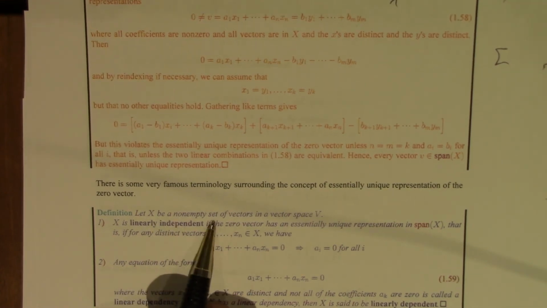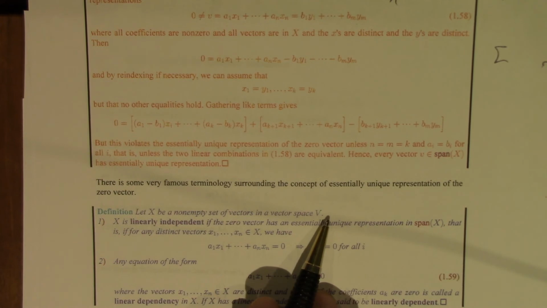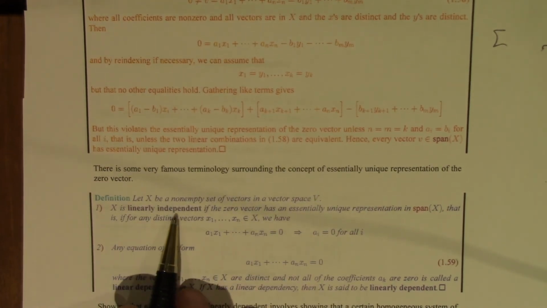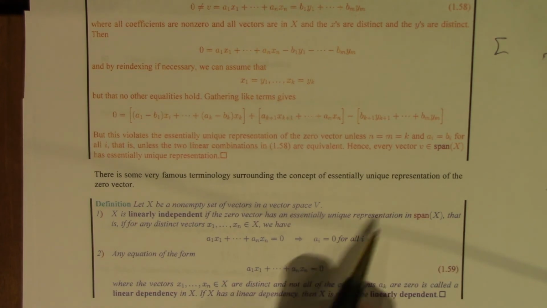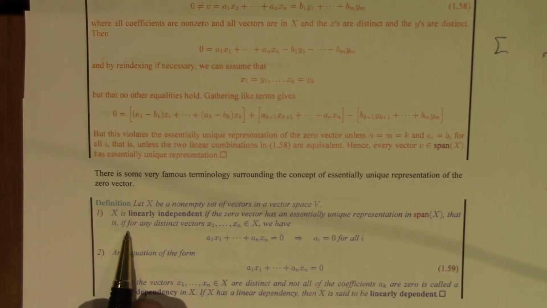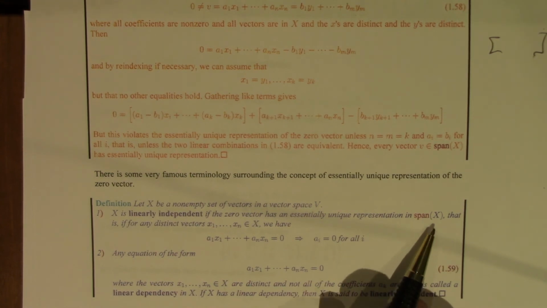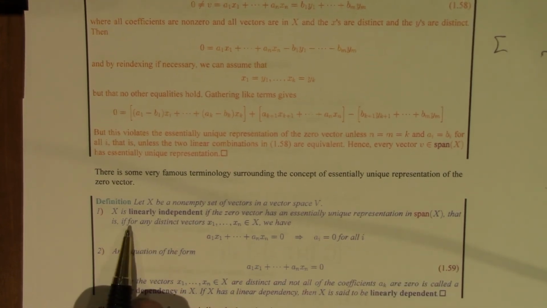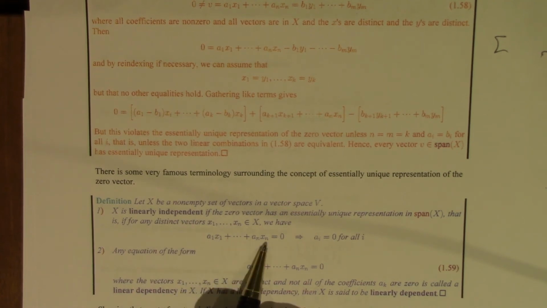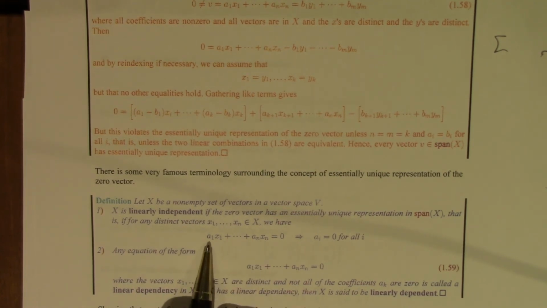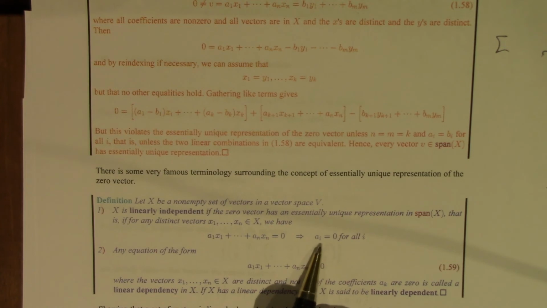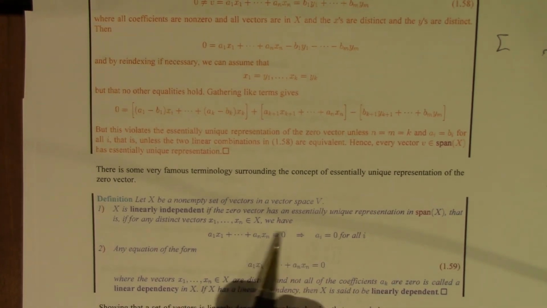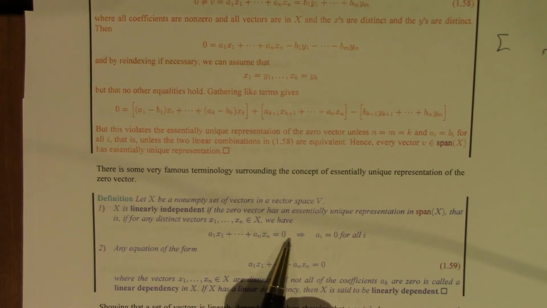So X is a non-empty set of vectors in a vector space V. X is linearly independent if the zero vector has an essentially unique representation in the span of X. And that is to say that if you have distinct vectors in capital X, if a linear combination of those vectors is equal to 0, then the coefficients have to be 0, so you don't get two different representations of 0.